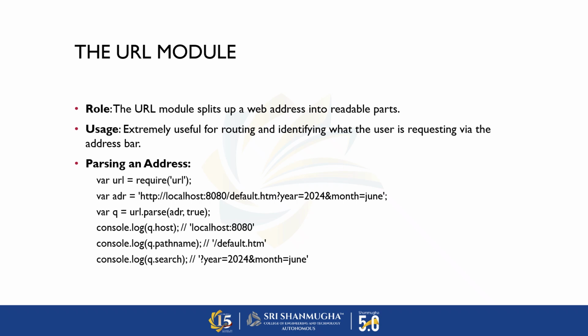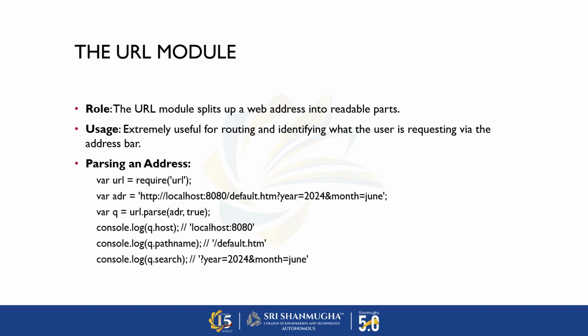Next, the URL module. The URL module splits up the web address into readable parts. Whatever URL has been hit in the web browser will be read through this URL module. This is extremely helpful for routing and identifying what the user is requesting via the address in the browser.